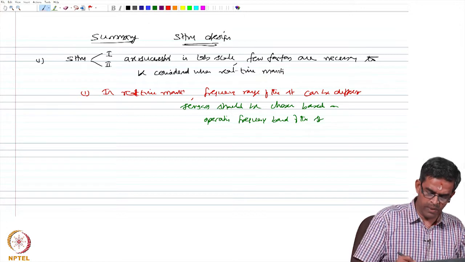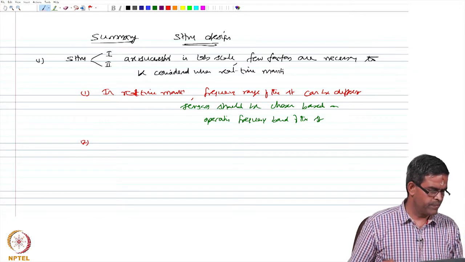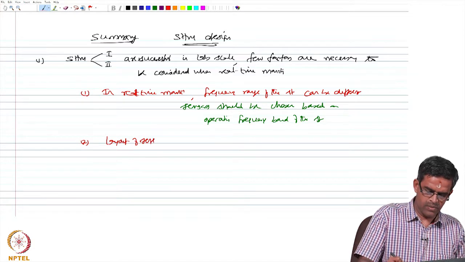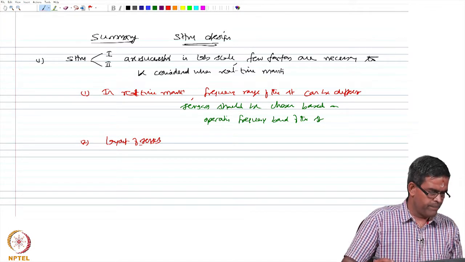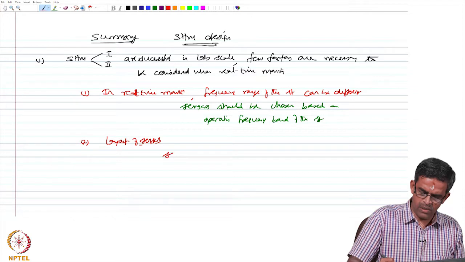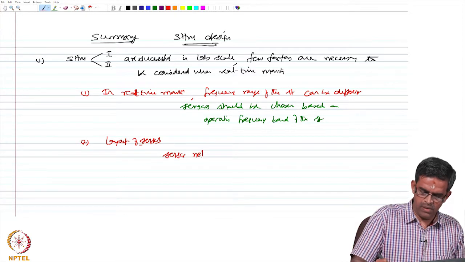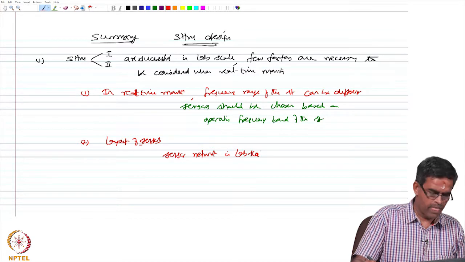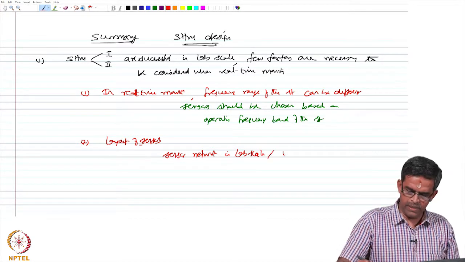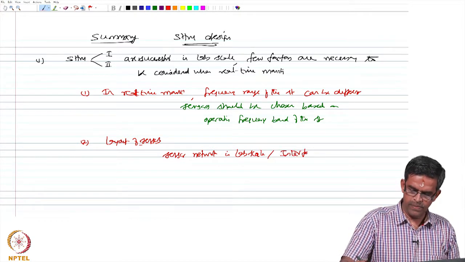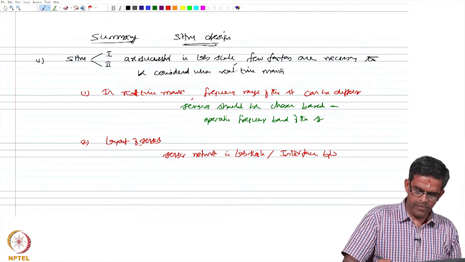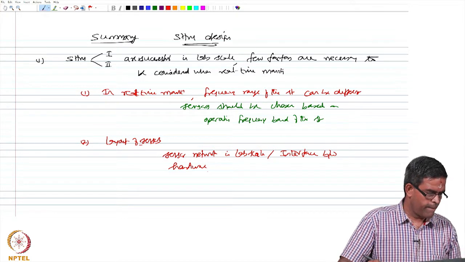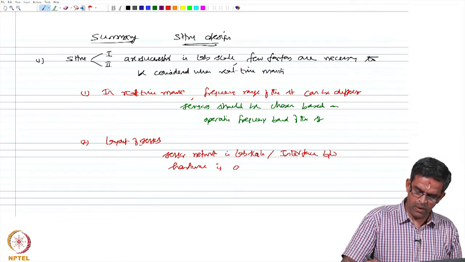The second could be the layout of the sensors. The sensor network in lab scale, that is the interface between hardware, is unaltered.